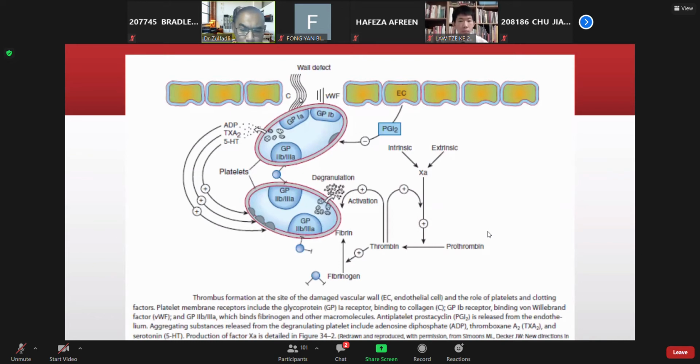The GP1B receptor binds von Willebrand factor, and there are also GP2B and GP3A. This is what I'm talking about. The platelets will aggregate. So when the platelet is activated, they will connect together with this GP2B or 3A receptor. So this is how the platelet is activated.